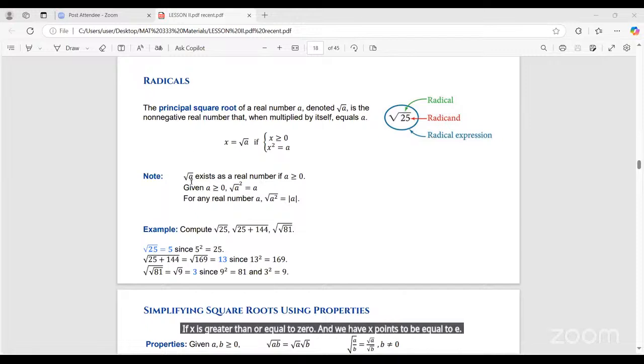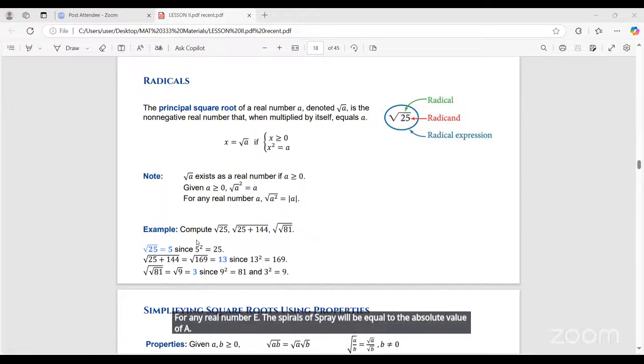The square root of a exists as a real number if and only if a is greater than or equal to 0. We cannot find the square root of a negative number; of course, it will take you to complex numbers. So we can only determine the square root of a real number. If a is greater than or equal to 0, the square root of a squared will give us a. For any real number a, the square root of a squared will be equal to the absolute value of a.